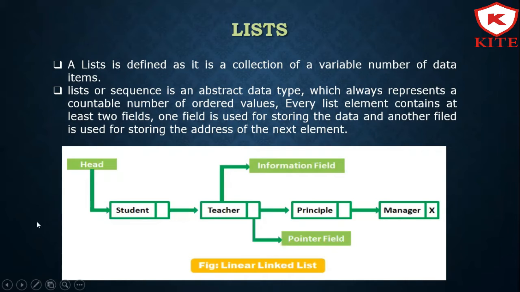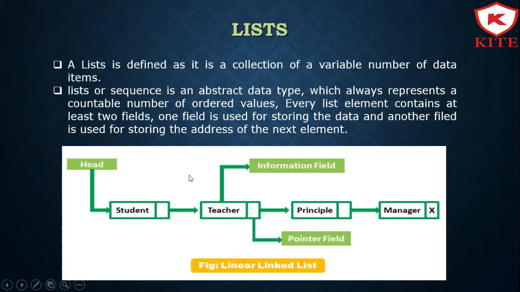One field is used for storing the data and another is used for storing the address of the next element. Therefore, we can say that lists are an example of containers as they contain other values. If the same value occurs multiple times, then each occurrence is considered a distinct item.